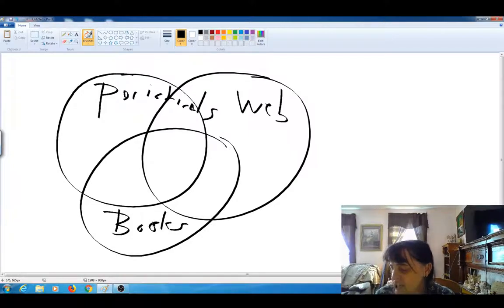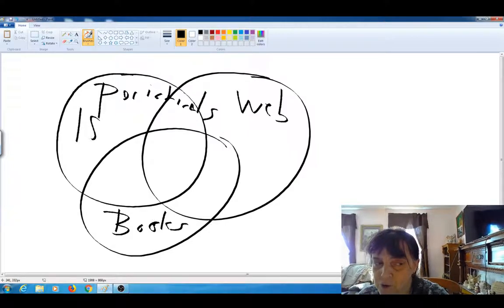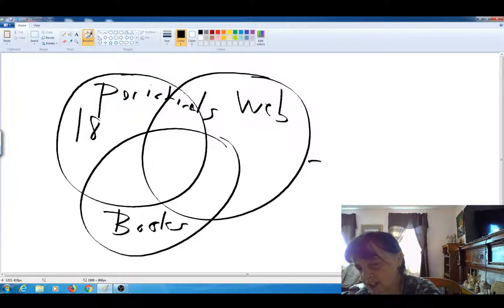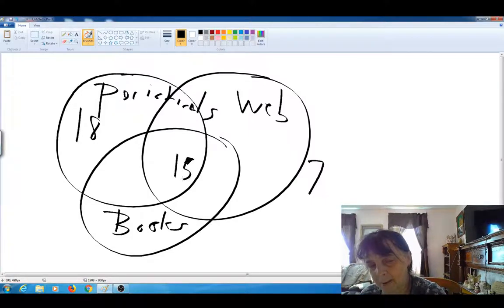Now again, 18 used only periodicals. That 18 goes here. Beforehand, we had to subtract the 7 who did not use any of them. 15 used the web, books, and periodicals. So 15 is here.